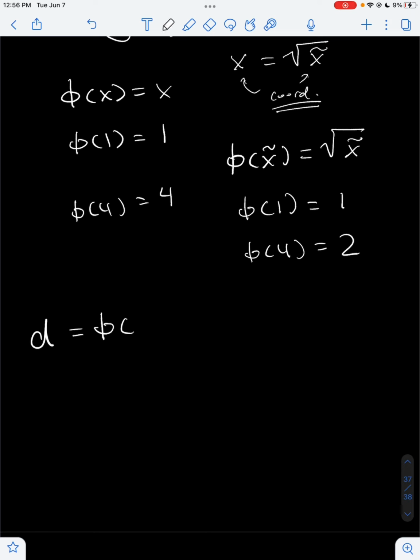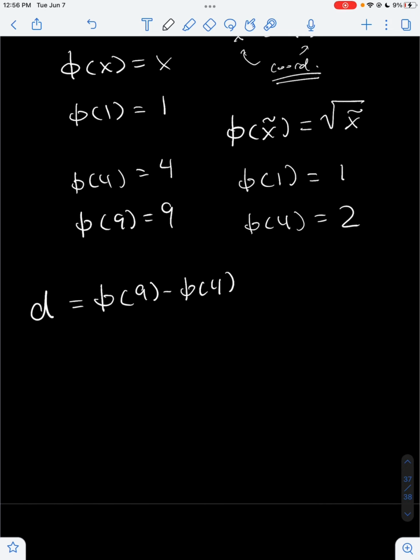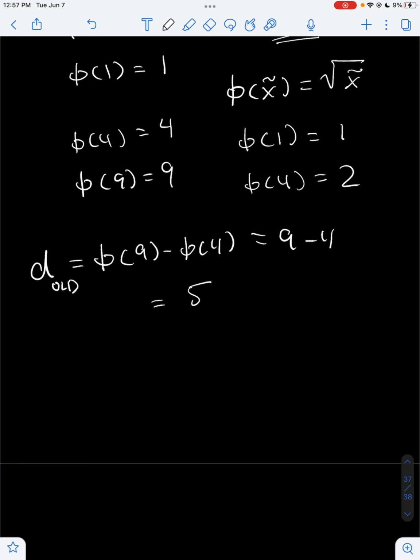So let's say we want to compare phi of 9 and phi of 4. Phi of 9 is going to be equal to 9 in our old system. So let's call this d old. It's phi of 9 minus phi of 4. That's going to be equal to 9 minus 4, which just equals 5. What about our new coordinate system?